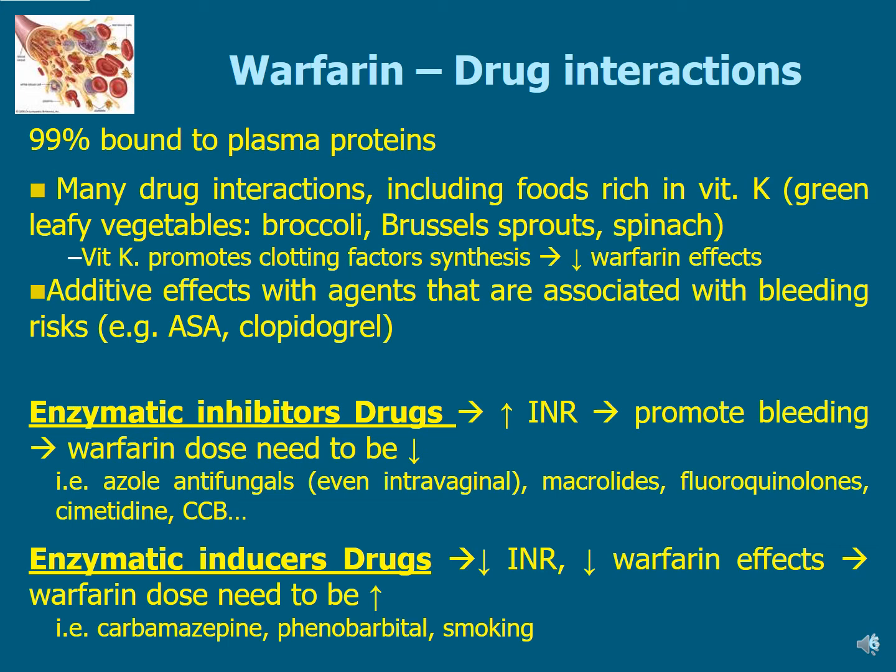And it's not only the drug interaction, but it's also the food interaction. So any food that is rich in vitamin K, such as green leafy vegetables, broccoli, Brussels sprouts, spinach, which contain a lot of vitamin K, are going to increase the synthesis of those clotting factors, and therefore they are going to antagonize the effect of Warfarin.